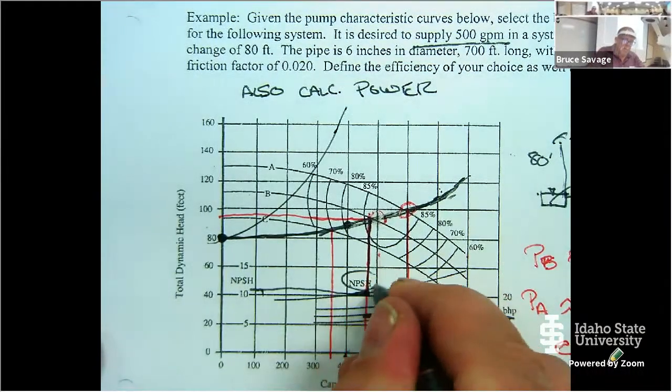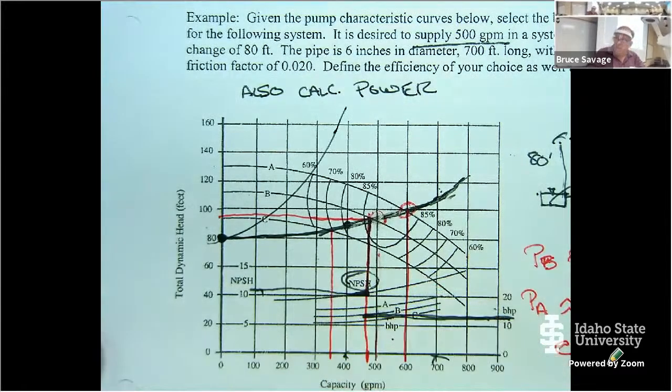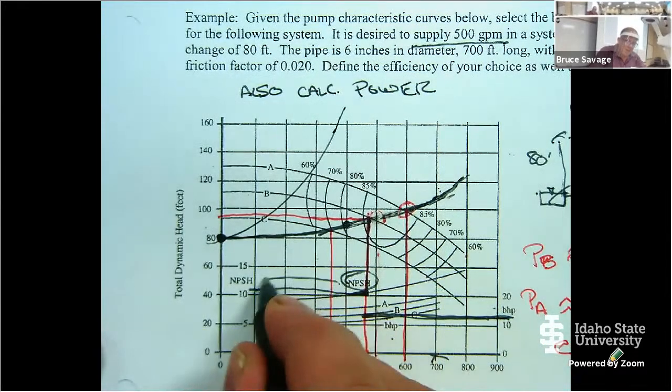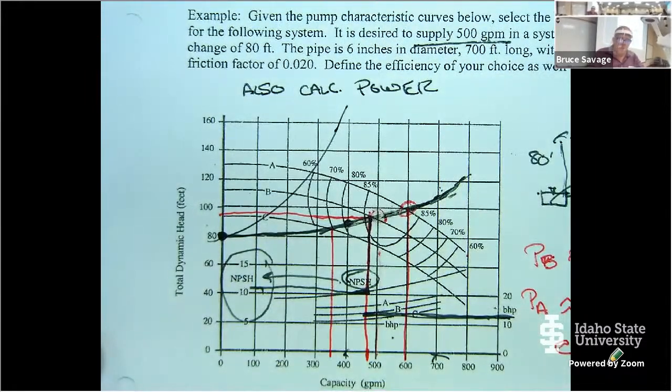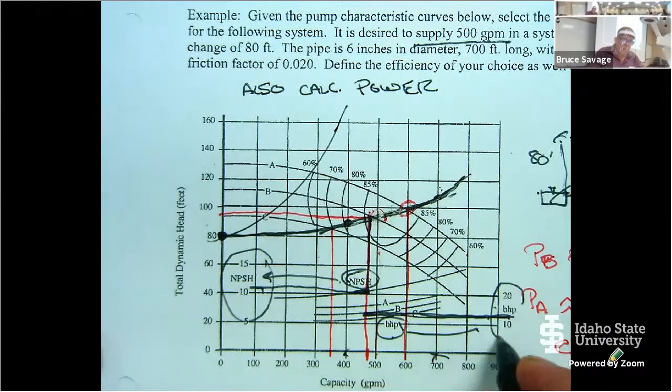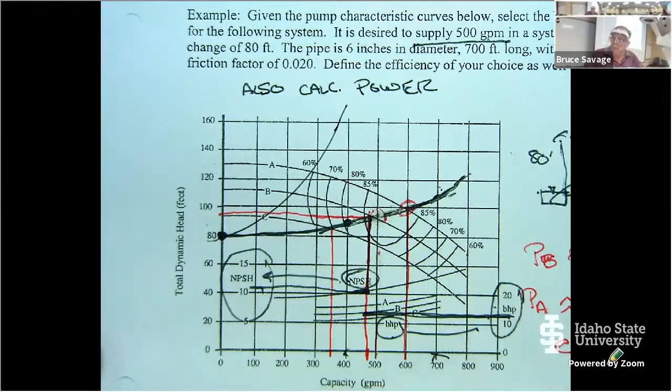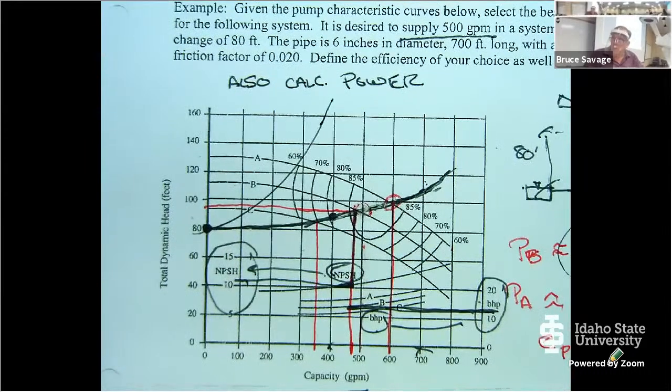The net positive suction head is tied to this little side graph and that little axis. And the brake horsepower down here is tied with the brake horsepower over there. So I want to make sure that I read off of the right axis. In this particular graph, I have one x-axis and three y-axes.